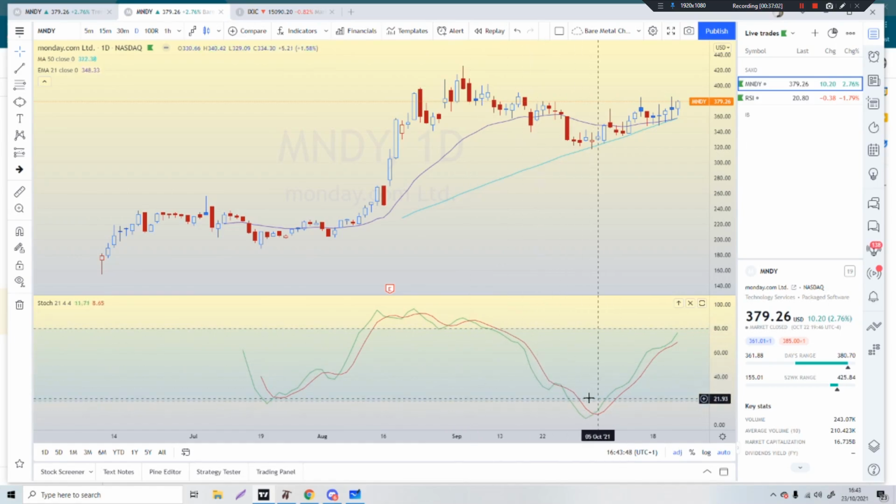Remember that this line has got nothing to do with how far price falls. This is not really to do with price. This is momentum. And then you can see, if you bought it back in there, the momentum is to the upside.